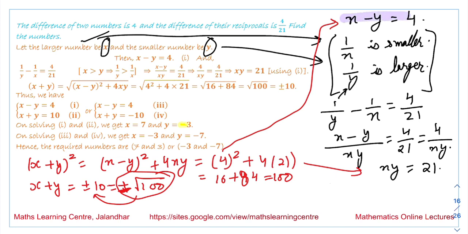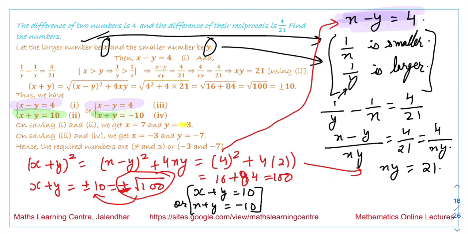One equation is x minus y is equal to 4. Second, we have two values now: x plus y is equal to 10 or x plus y is equal to minus 10. So these are the two values shown over here.